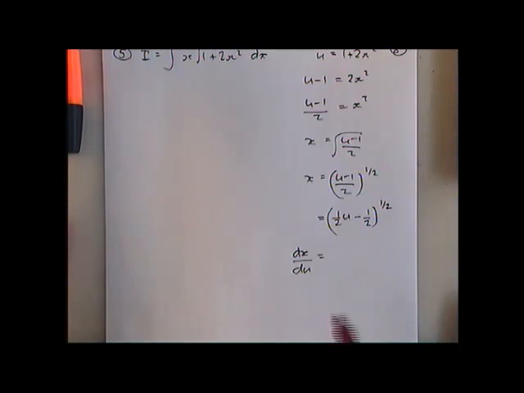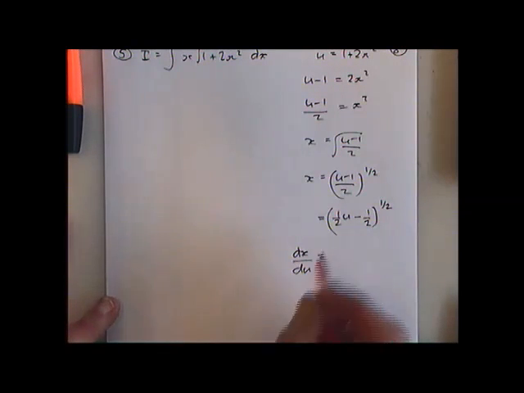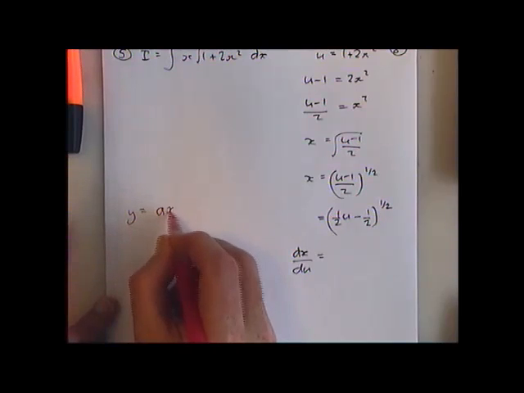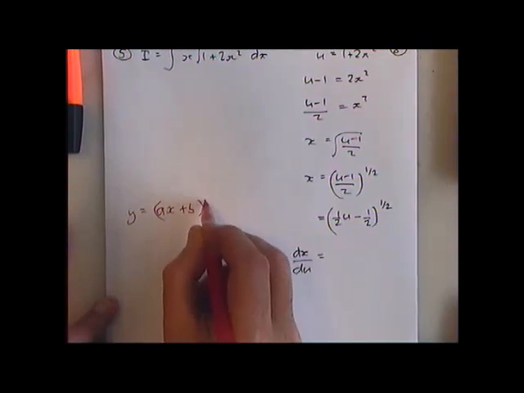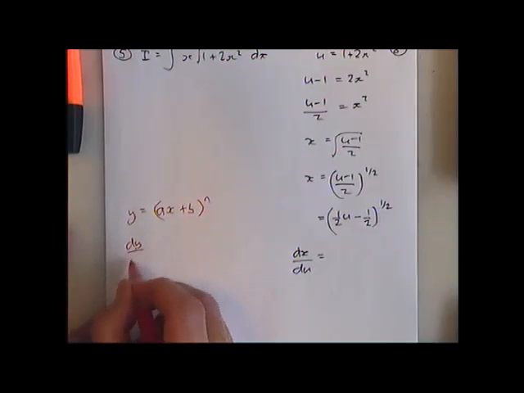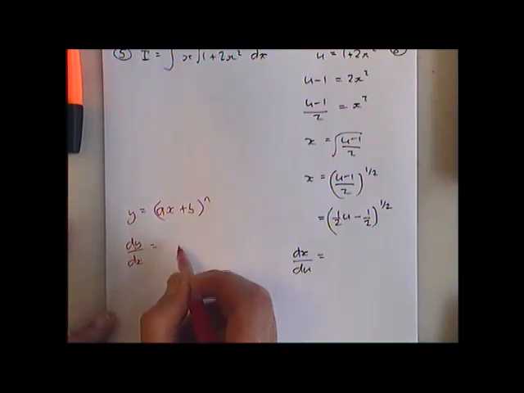Do you know how to differentiate a bracket like that? Or you just differentiate what's inside, on the outside. What I'm saying is, what we've got here is something like y equals ax plus b to the power of n, a bracket to a power, and when you differentiate it, what do you get then?